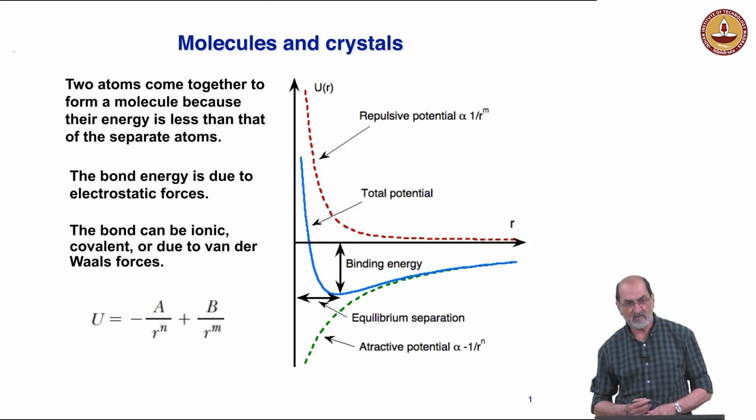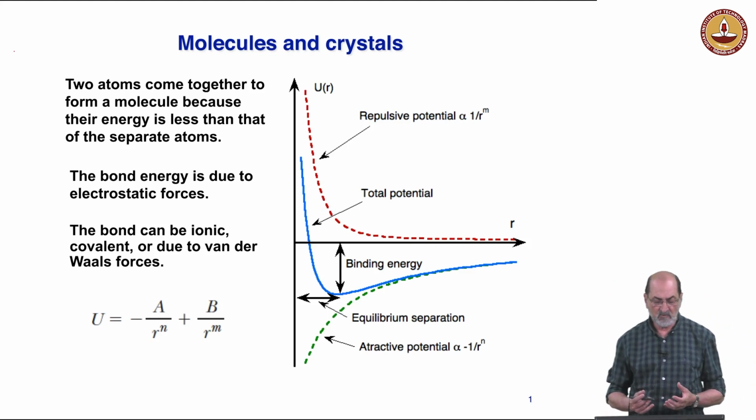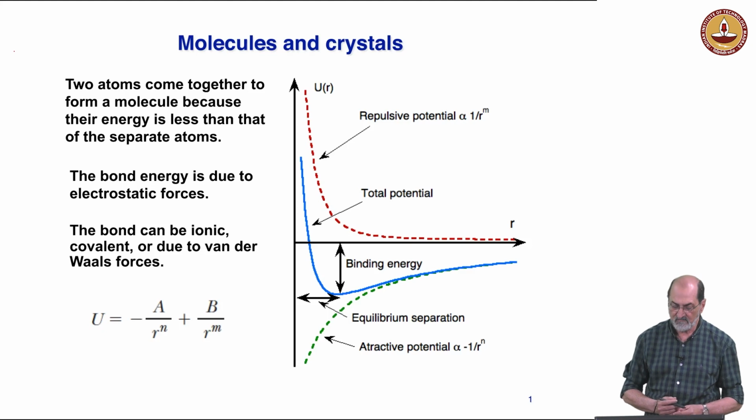It could be magnetic, but that doesn't work either. There could be nuclear forces, but nuclear forces are not involved in bonding. So the only interaction that can be responsible is an electrical interaction. Depending on how that electrical interaction acts, we can talk of different kinds of bonding. Yeah, and this is what is said here.